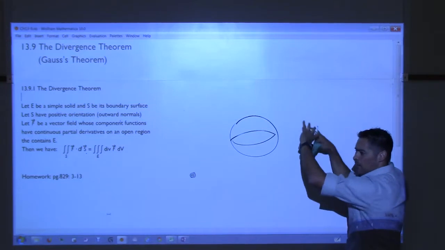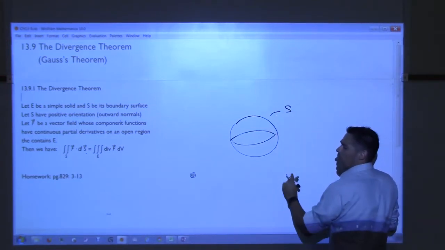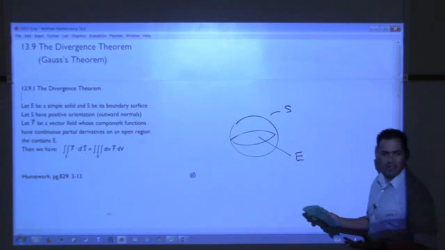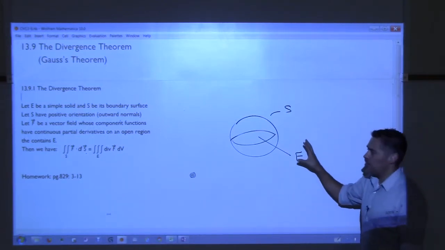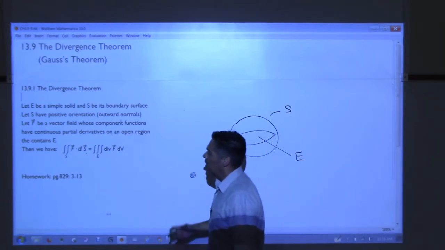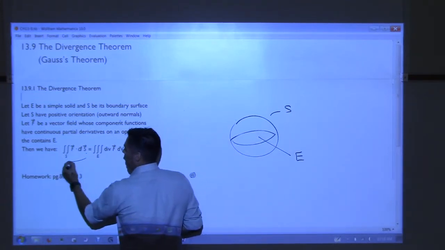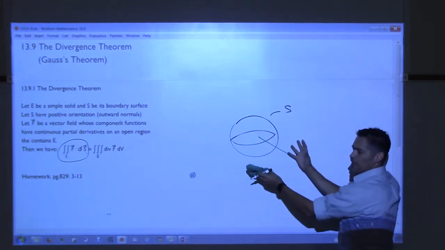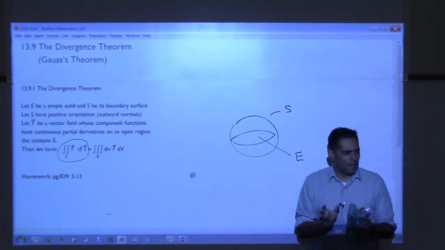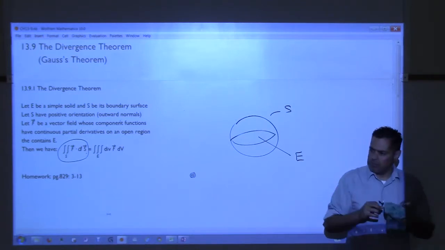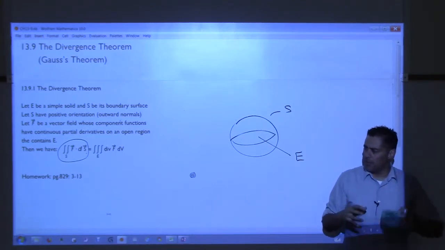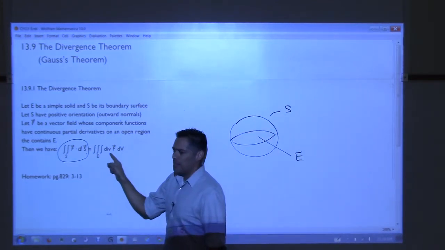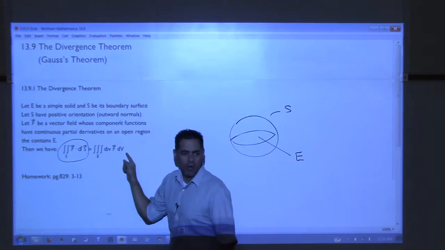The outer shell would be S, but it encloses a solid, the ball inside, which would be E. If a surface encloses a solid, and you're trying to compute the flux over that surface, the net flow out of the surface with respect to the vector field, all you have to do is take the triple integral of the div of F with respect to volume.